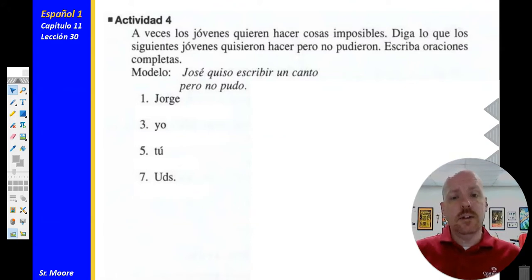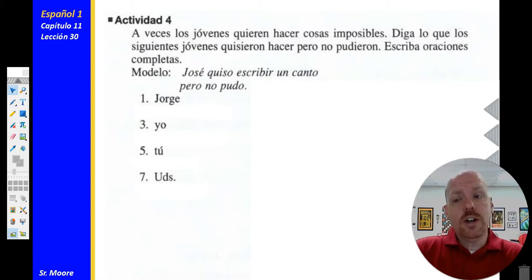José quiso escribir un canto, pero no pudo. José wanted to write a song, but he couldn't. Okay, so this is something they wanted to do, but they were unable to do. Do the odds, numbers 1, 3, 5, y 7, en los apuntes, a scratch sheet of paper or a blank area in your workbook, and then we'll come back together and check those in just a moment.